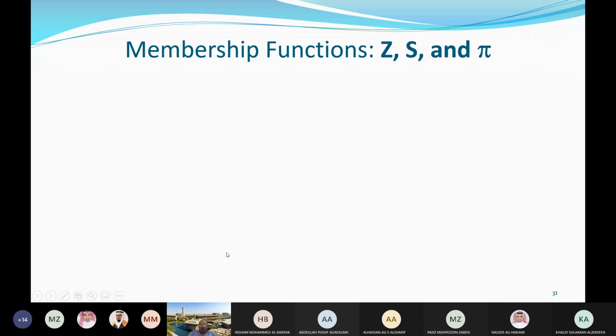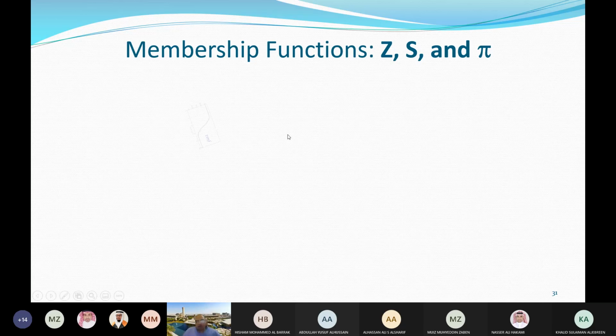What I want to say is that there are several shapes you can try, and you can select among them. If you want to optimize your fuzzy logic controller, then you can select whatever gives you better accuracy.